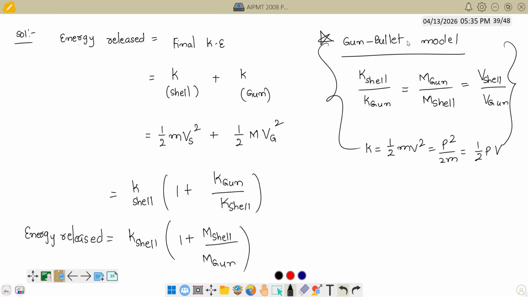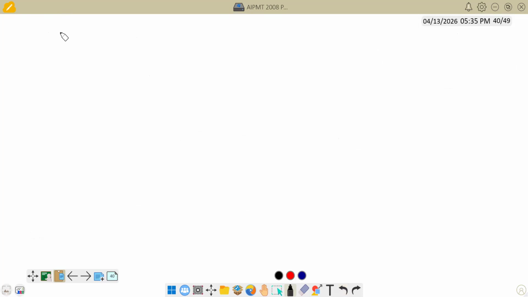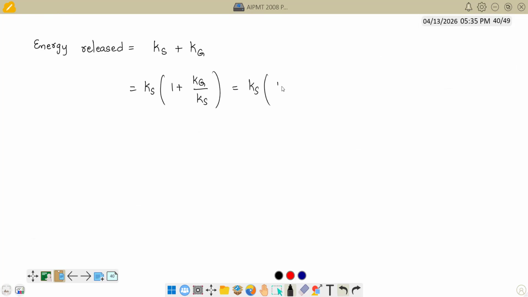Once you have written this, we can write energy released equals to... So we can use 3 versions of energy released. You can write energy released equals kinetic energy of the shell plus kinetic energy of the gun. If you take kinetic energy of the shell common, 1 plus kinetic energy of the gun by kinetic energy of the shell, which would be equal to 1 plus mass of shell by mass of gun.